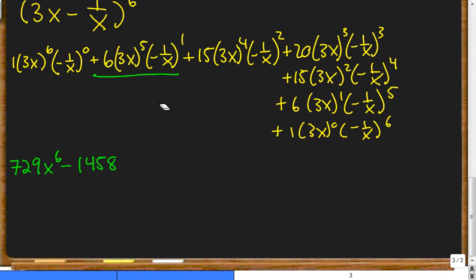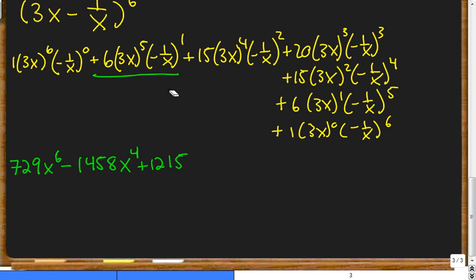Now, instead of it being x to the 5th, because it's over x now, it's going to be x to the 4th power. So we're going to descend by powers of x squared. So then we got 3 to the 4th, that's 81 times 15. So that's 810 plus 405, so that's 1215.